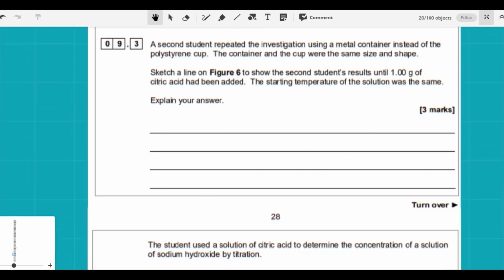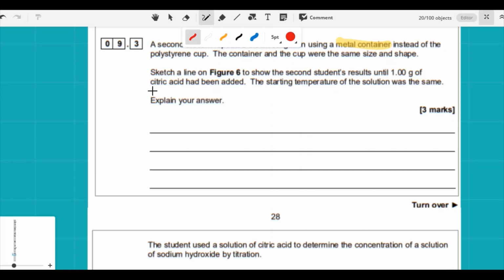Okay, now 9.3, a second student repeated the investigation using a metal container instead of the polystyrene cup. Like here is the use of a metal container. So as you know that metals have the ability to conduct heat because they are thermal conductors. So it means there will be a steep temperature line.